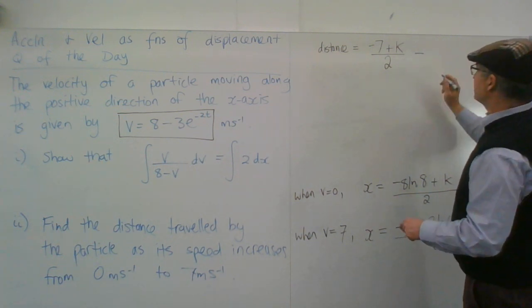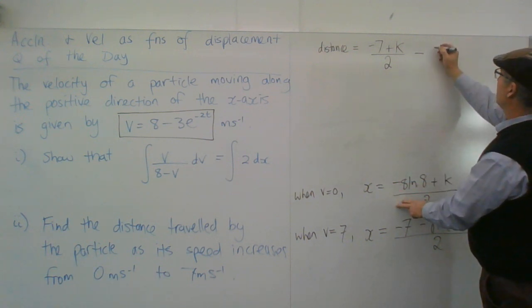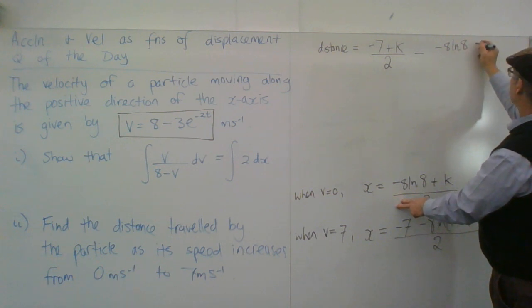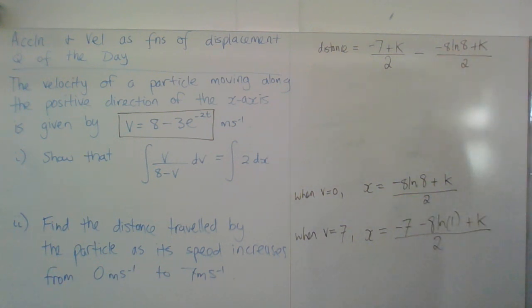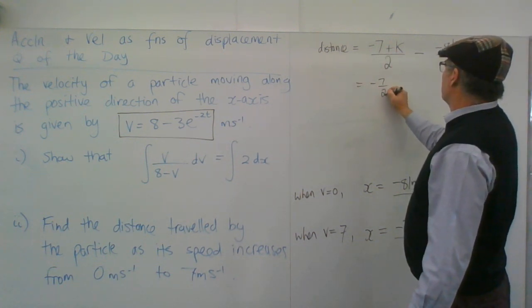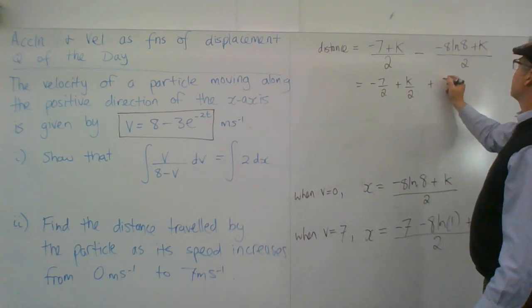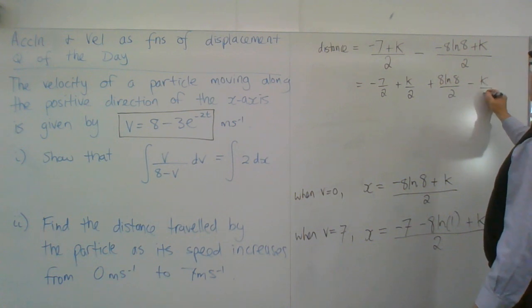And then minus, so that's one displacement, take off the other displacement, minus 8 ln 8 plus k on 2. So it's minus 7 on 2 plus k on 2, and then plus 8 ln 8 on 2 minus k on 2.